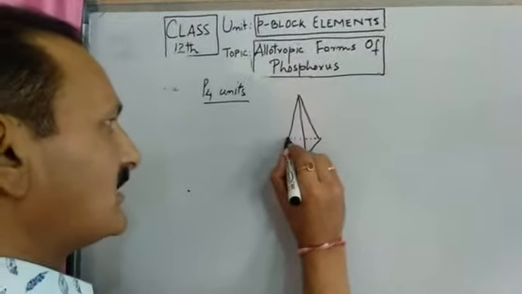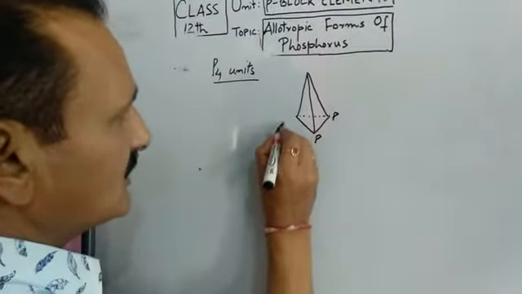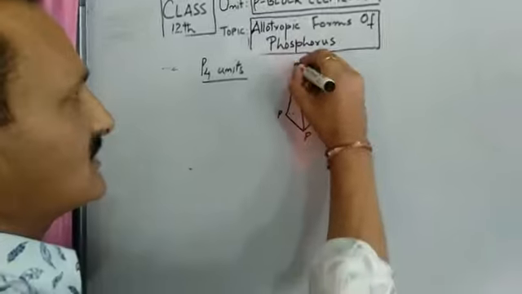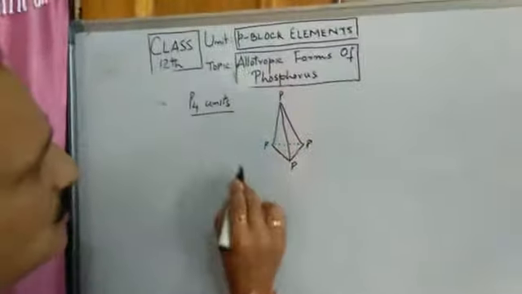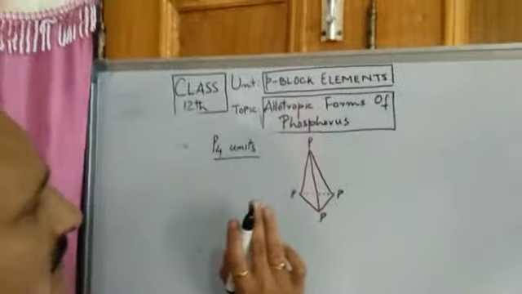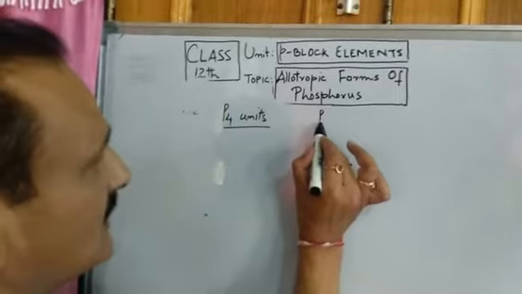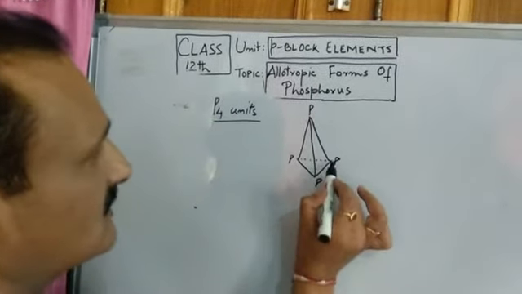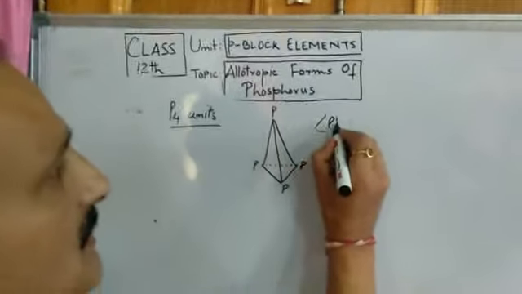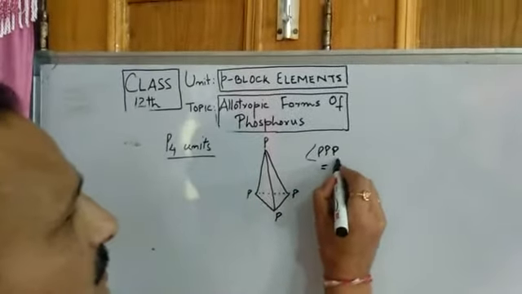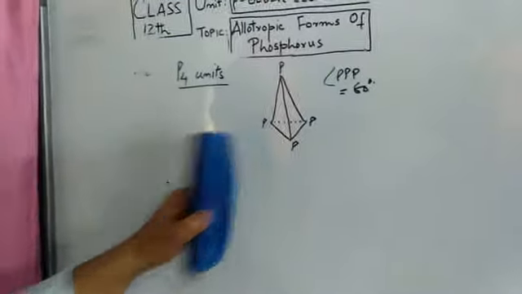This is a regular tetrahedron, and 1 phosphorus atom is at each corner of this regular tetrahedron. So this is how the structure of white phosphorus goes, and each PPP angle is equal to 60 degrees.